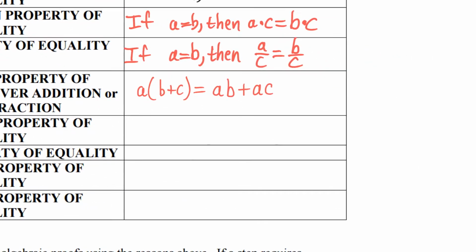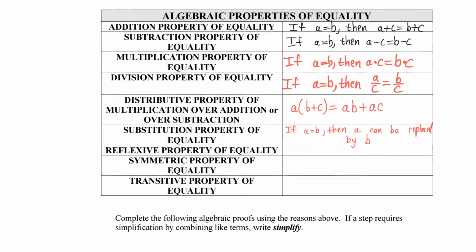Okay, next one, the substitution property says this: if A equals B, then A can be replaced by B. Okay, the next one is the reflexive property.